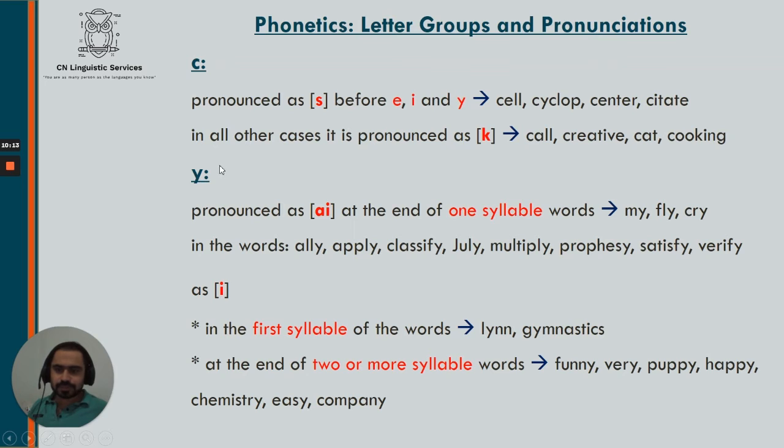The next letter is Y. Here we have two main pronunciations, like I and E. The first pronunciation is I, and the first rule for this pronunciation is that it stays at the end of a one syllable word, like my, fly, cry.